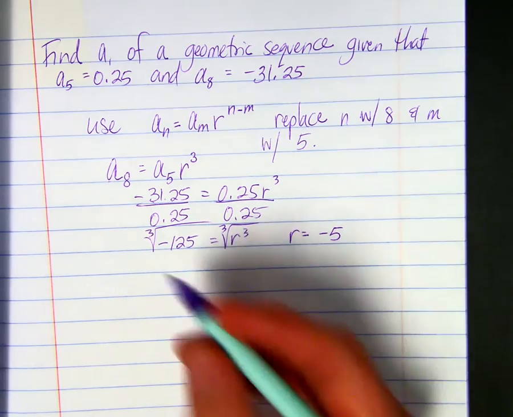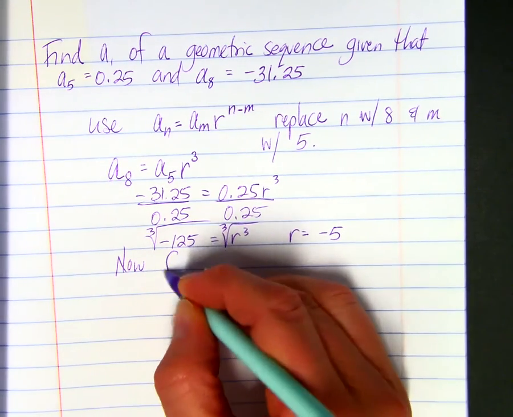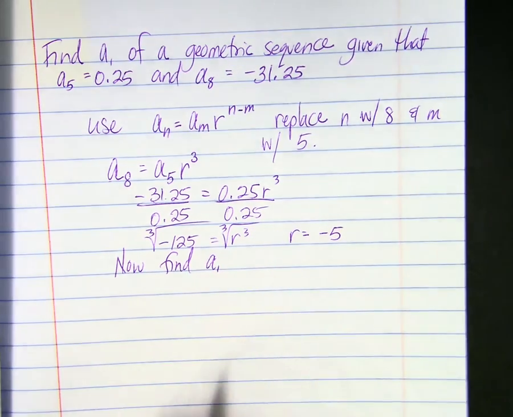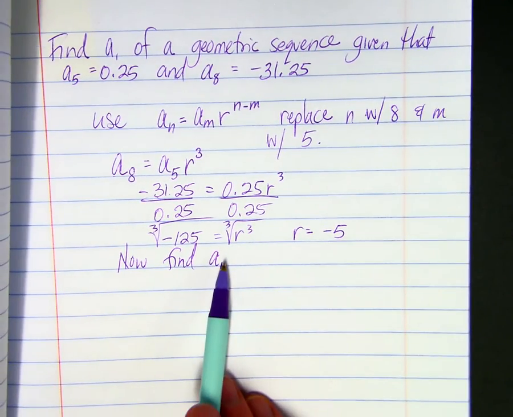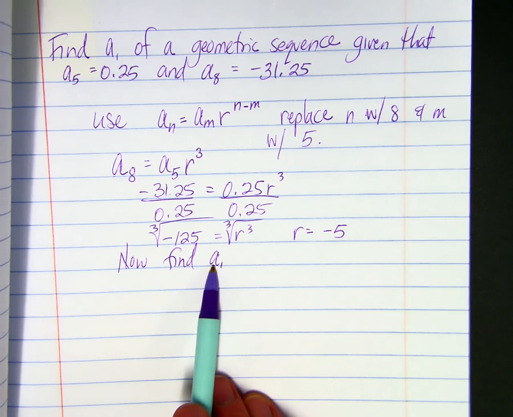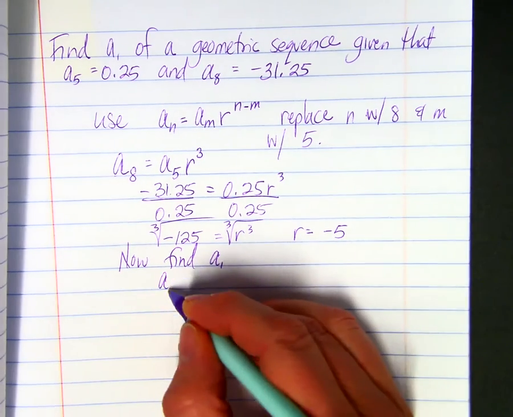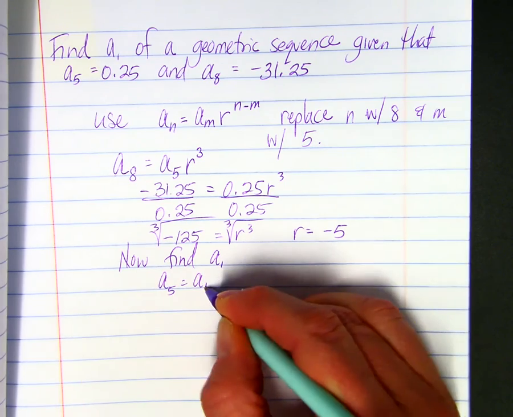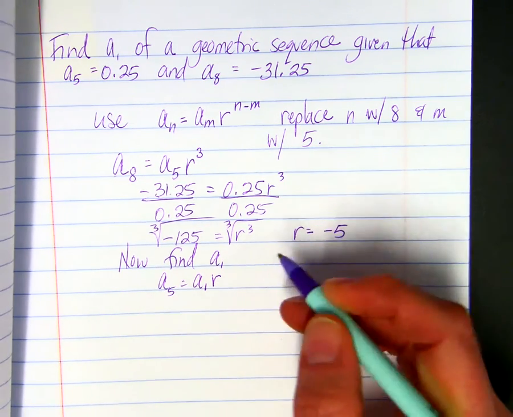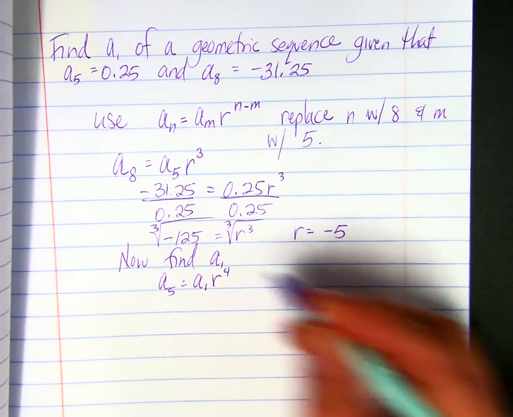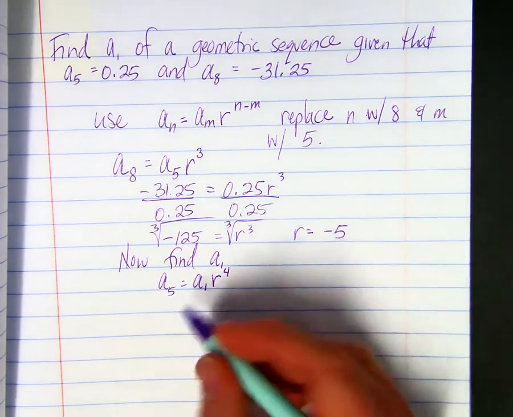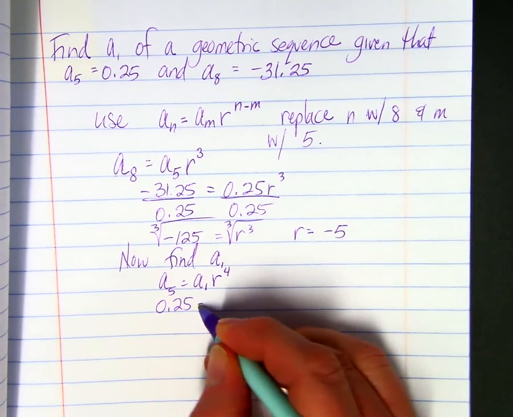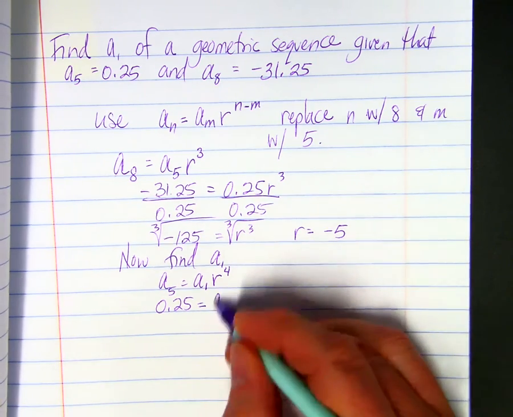Now we have to find a sub 1. So we can just use maybe a sub 5. So we have a sub 5 equals a sub 1 times r to the 4th power. So a sub 5 was 25 hundredths. We need a sub 1.